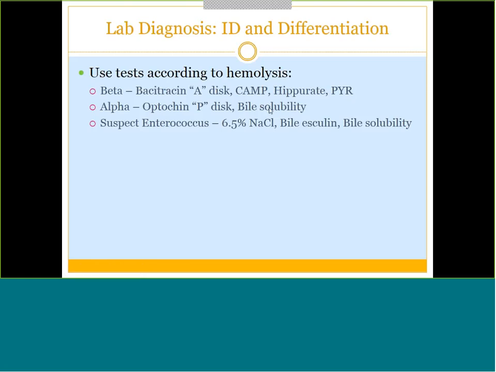Viridans is bile solubility negative. And then the rest of the Enterococci test, 6.5% NaCl will be positive. Enterococcus loves to grow in this solution. It just thrives in that solution, so that would be positive. Again, Enterococcus is bile esculin positive. And then finally, Enterococcus is negative for bile solubility.